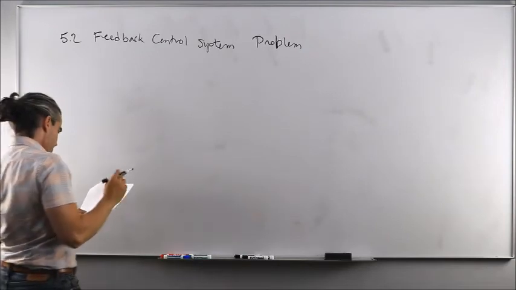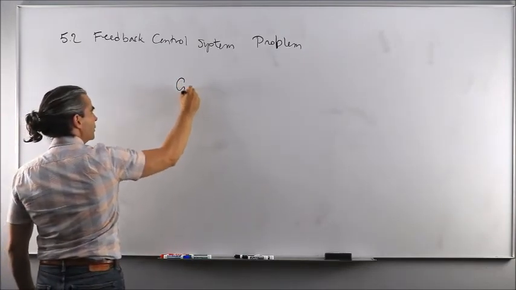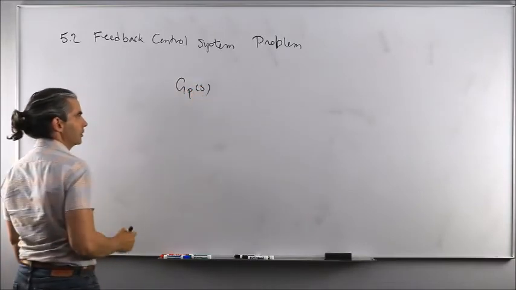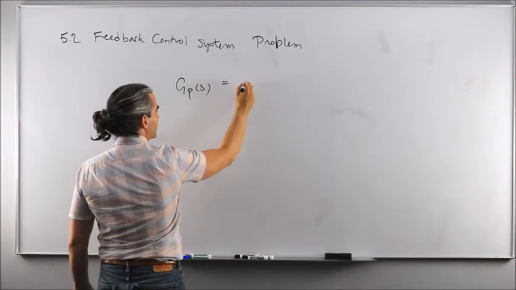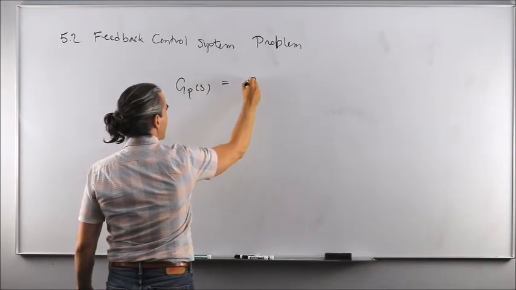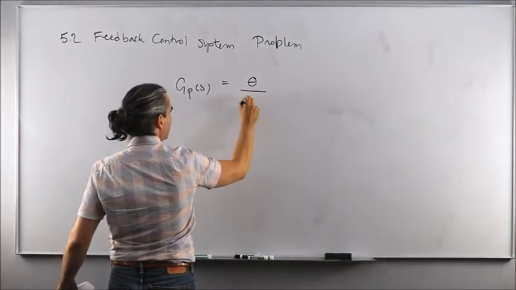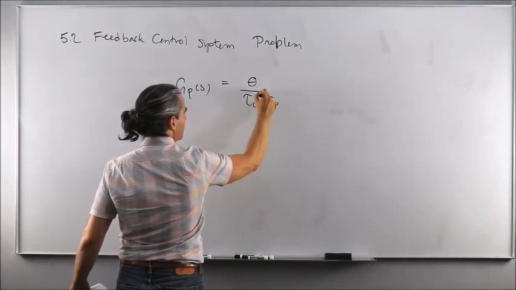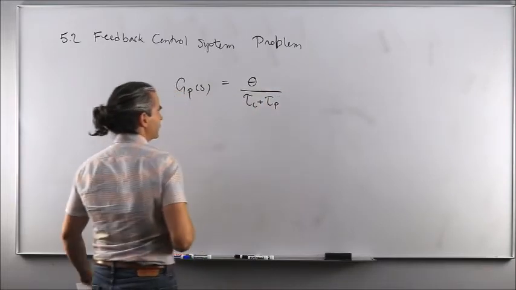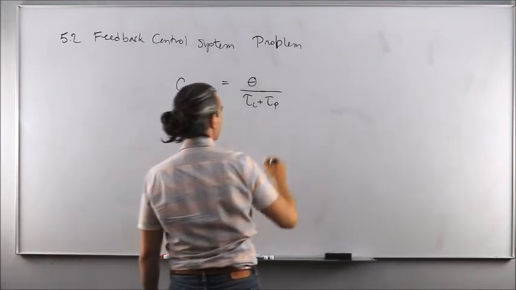All right. So let's go back to what we know for spacecraft rotational motion. We have our transfer function of the plant or the spacecraft itself. Is going to be equal to the output, which is the angle of rotation, over tau c plus tau p, right? The torque terms being applied to the spacecraft itself.